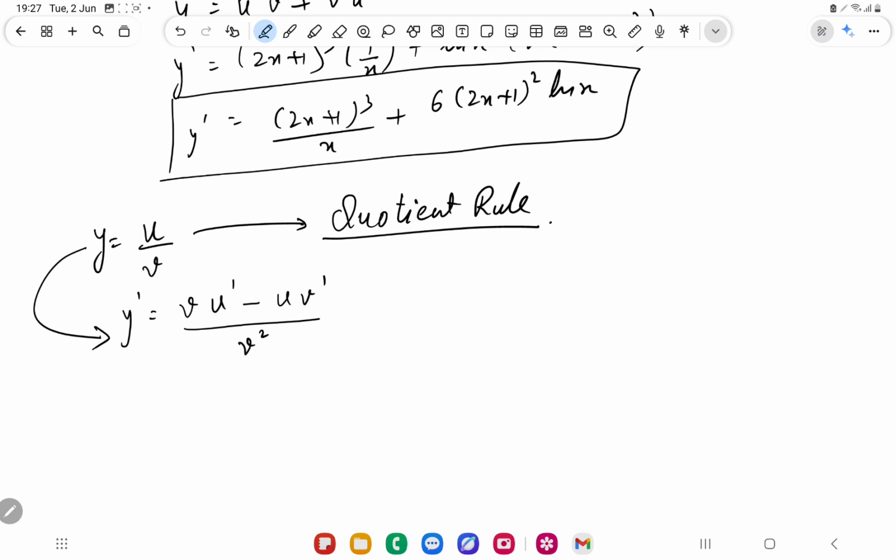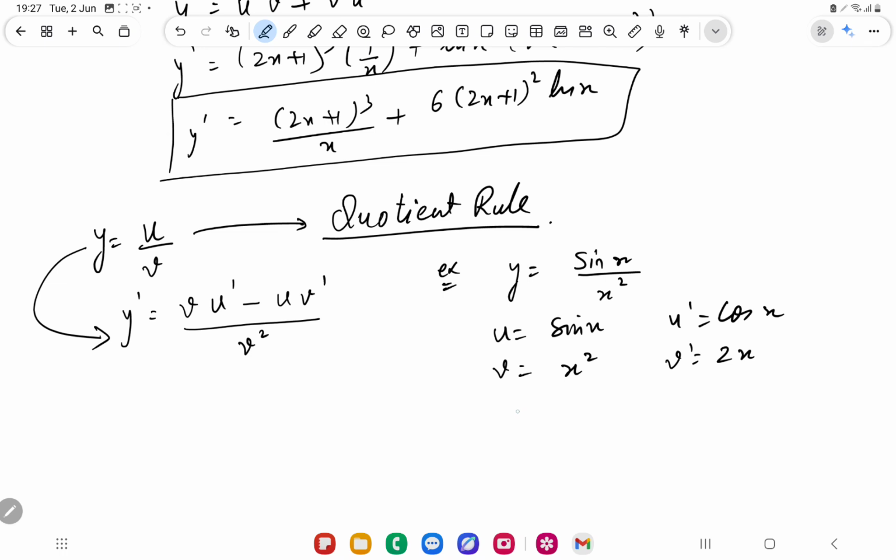Now, for example, I have y as, let's take sin x upon x square, a simple example. So my u is sin x, so u dash will be cos x. My v is x square, so v dash will be 2x.